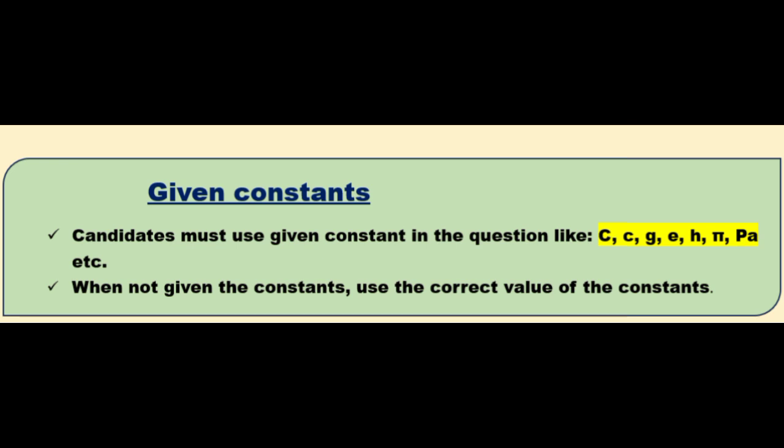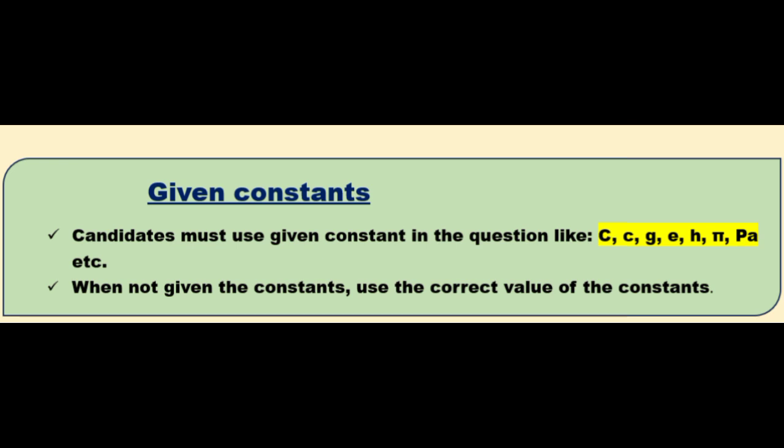So we are saying all these constants that you are given, always confine yourself to the value that they have given you. But in case they don't give you, still replace the correct conventional value.